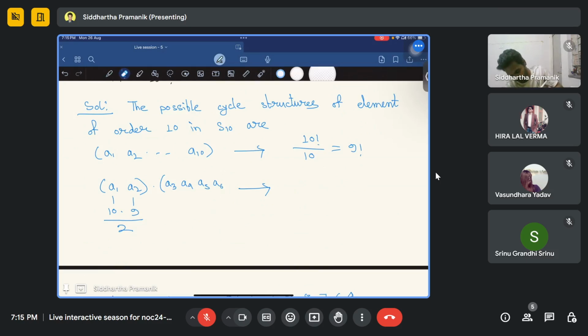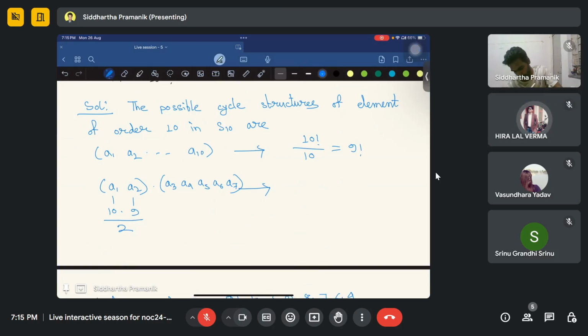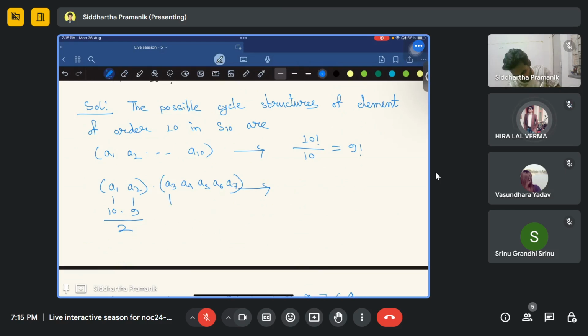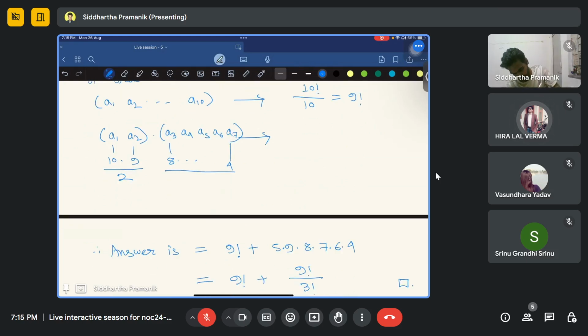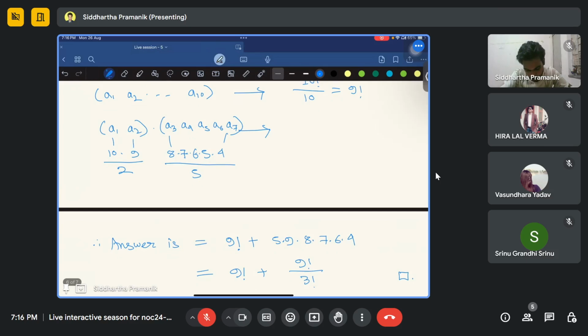Okay, it's my bad. It should be A7 because it's a 5 cycle. So this is a choice. This is 4 choices. Okay, anyone? Anyone else?